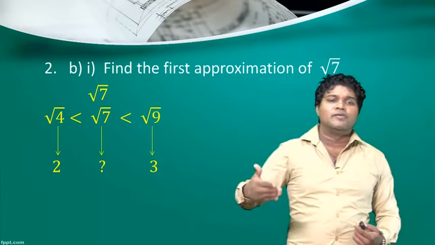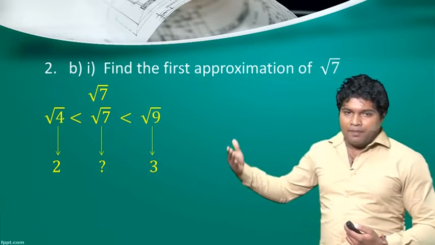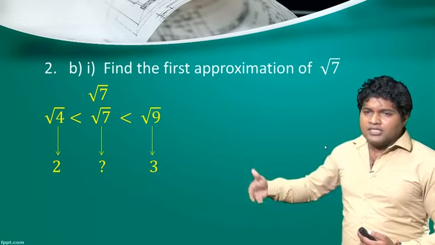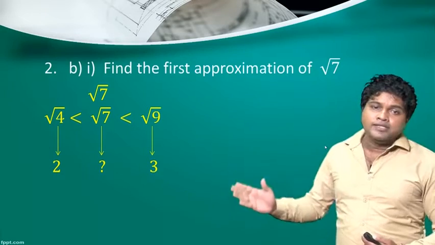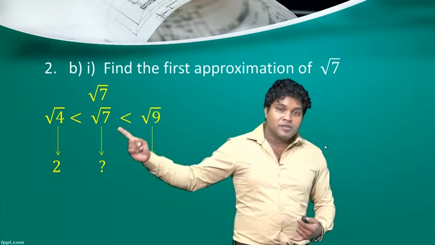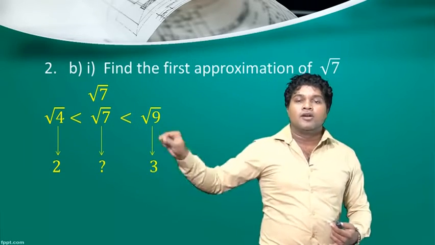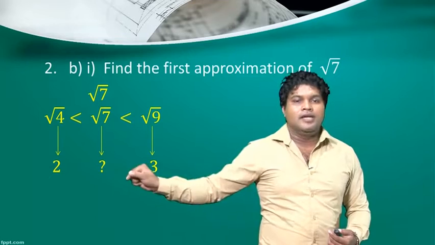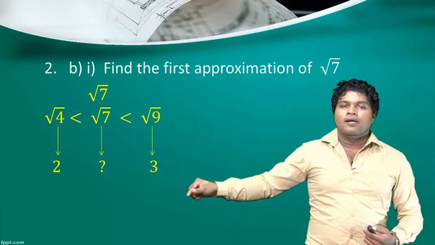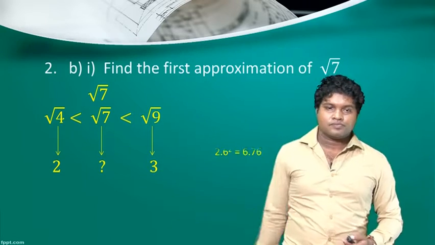The mid value between 2 and 3 is 2.5, but we cannot settle on 2.5. We have to find a value whose square is approximately 7, and vice versa, if you take the square root of that, the answer will be root 7. Therefore, we write down values from 2.5 onwards.